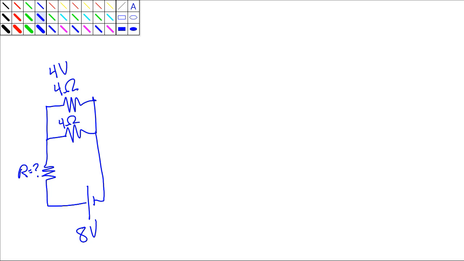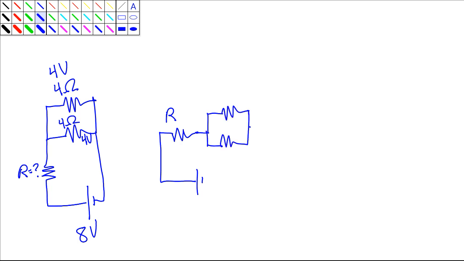Okay, so if I have 4 volts here, that also means I have 4 volts here because these two are in parallel. Let me redraw this circuit actually, it might be a little easier to understand. This is my resistor R, and then I have 2 resistors in parallel like that. This is a 4 ohm, it has 4 volts.